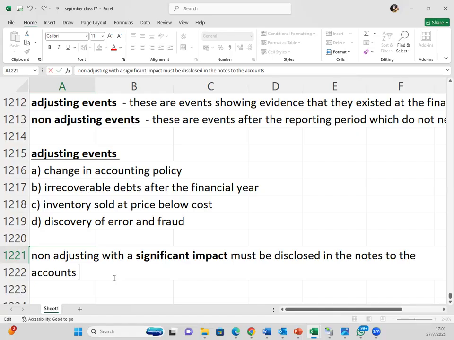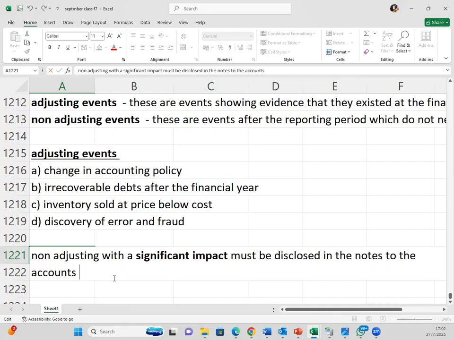Not because we can have a case like, if thieves broke into the warehouse and out of 1,000 bags that we have, they steal 2 bags. It's something that occurred after the year end, but it's not significant. We can't say now we have to make an adjustment for that or disclosure for that.